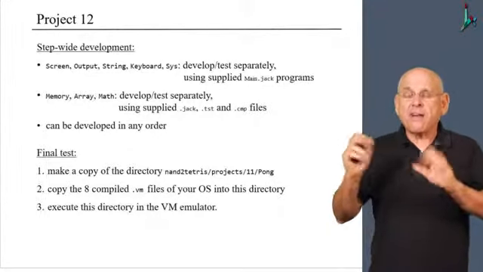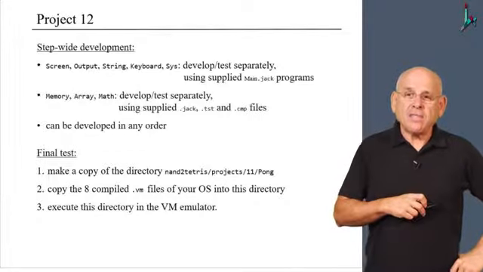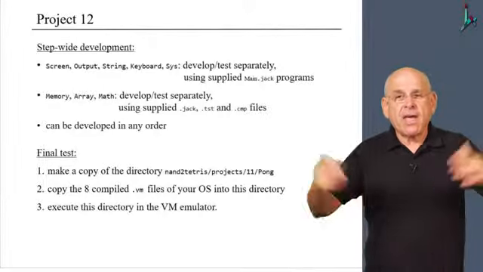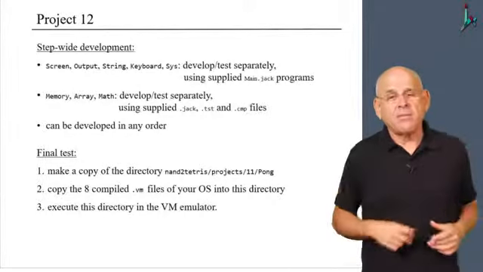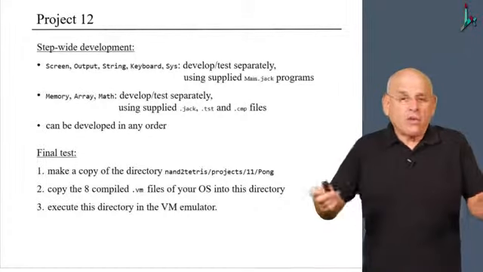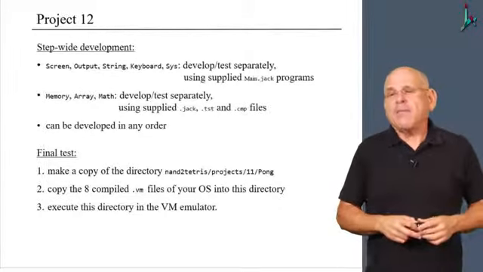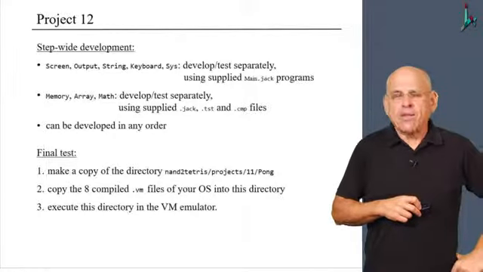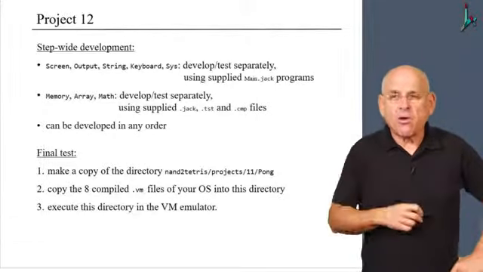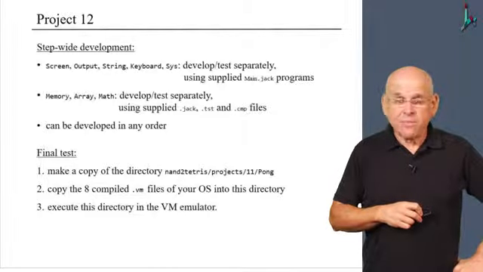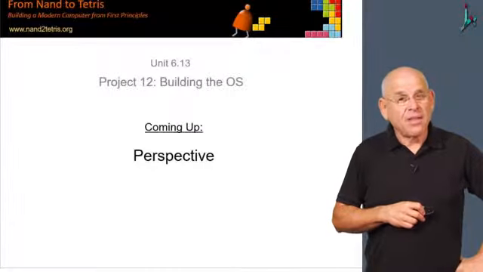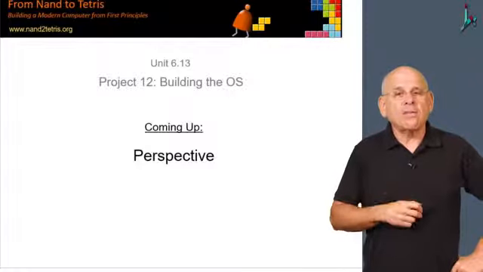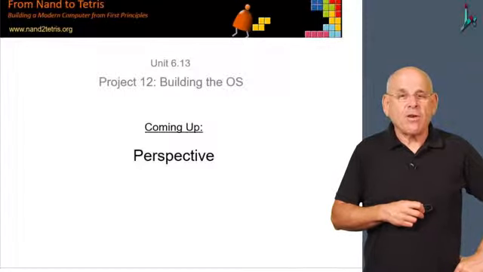So this will be the final test, and once it passes this test, we can say that your operating system is, well, it's not fully tested, obviously, but it's sufficiently tested to ascertain that you have completed Project 12 to our satisfaction. So that's it, and in the next unit, we'll go on to talk about some perspective on operating systems.